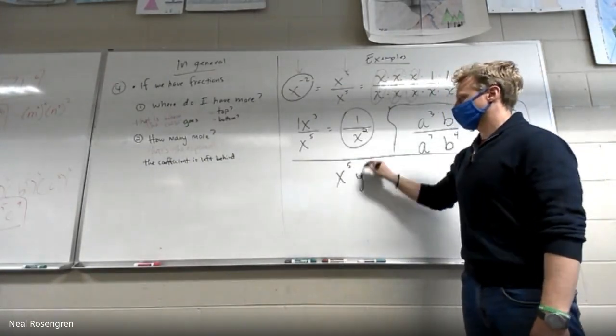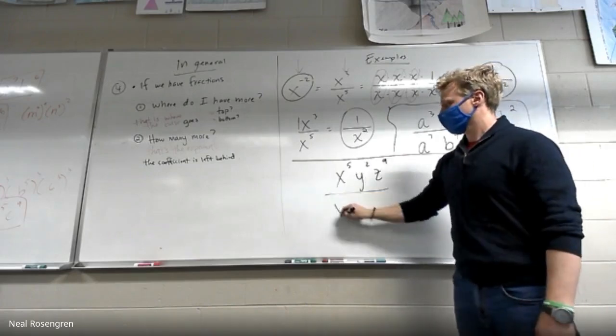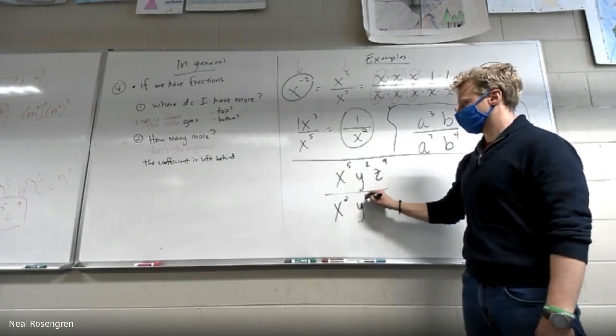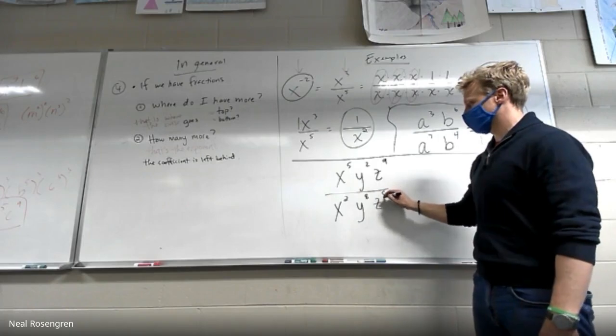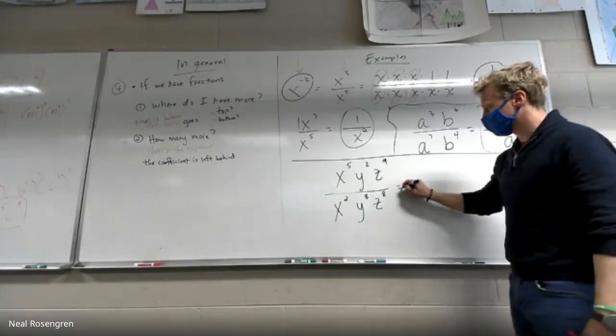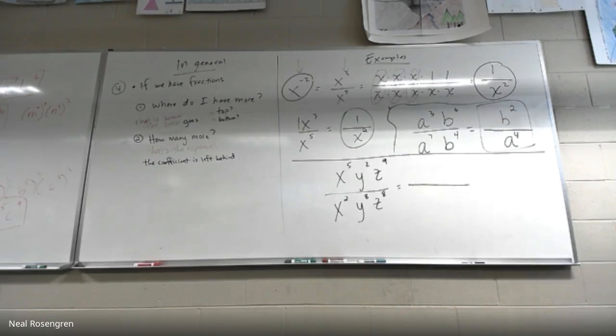x to the 5th, y squared, z to the 9th, over x squared, y to the 8th, z to the 8th. Give yourself a space to work. You start with a fraction, you might end up with one. If you don't, fine, I'll just erase it and I'm done. But just go in alphabetical order, and if they're nice, they'll put it in alphabetical order, so just go left to right. So look at your x's first.